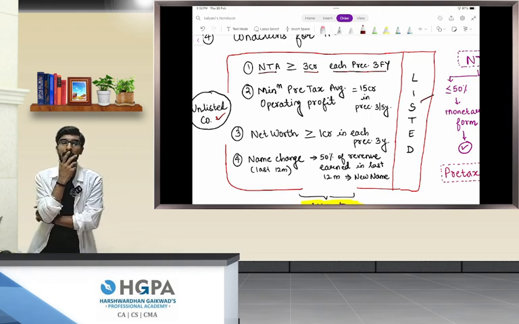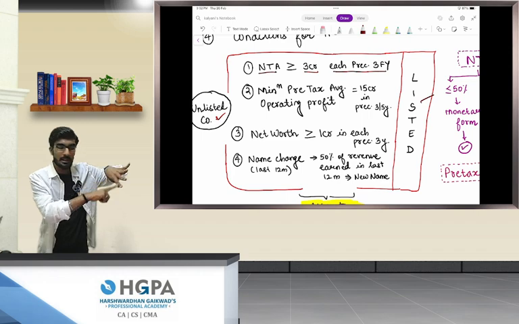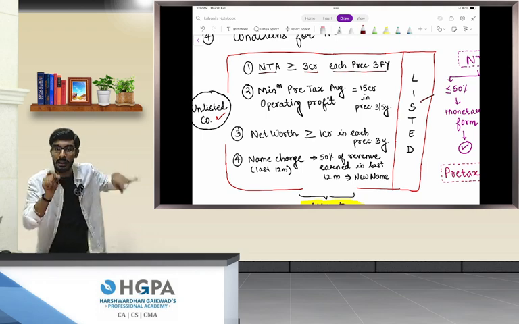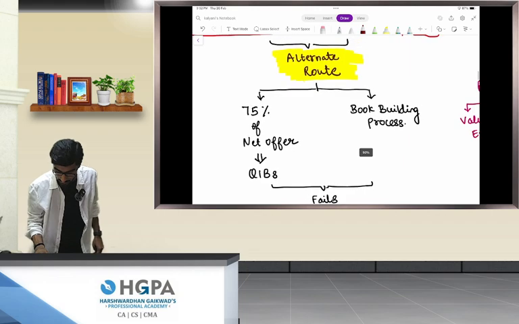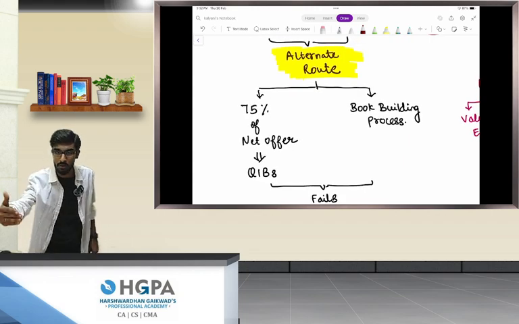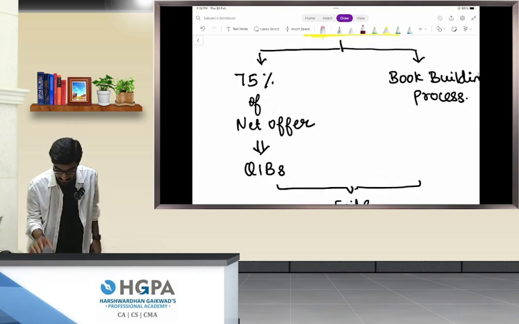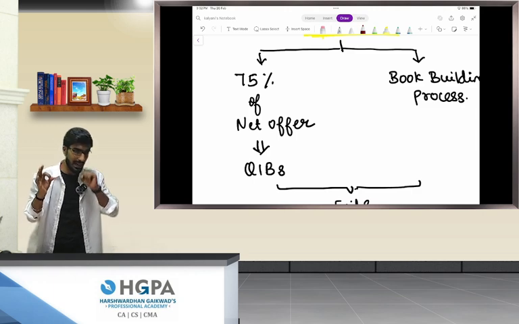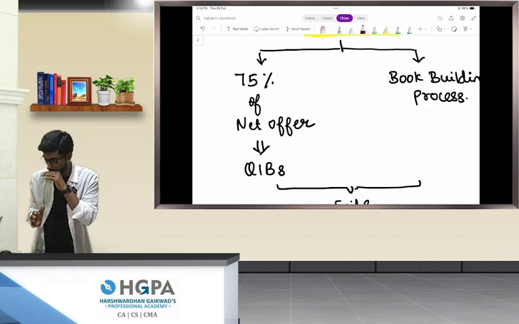Now comes the main part. People, if Lenskart does not follow these 4 conditions, still it can go for an IPO provided if it is raising 1000 crores, at least 750 crores should be subscribed by qualified institutional buyers.